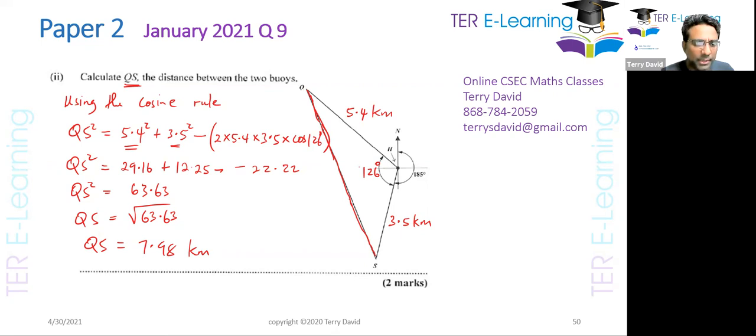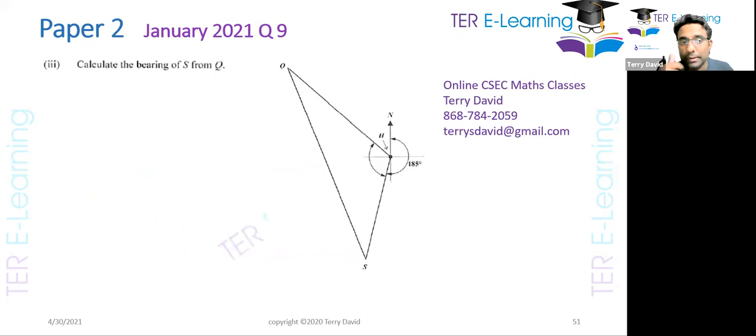So let's go on to the next part now. They want to calculate the bearing of S from Q. Now, how you interpret these questions, you see the word from is where we're going to put our north line. So Q in this case is here. So we're going to put a north line here, because we need to understand what bearing they're actually asking us for.